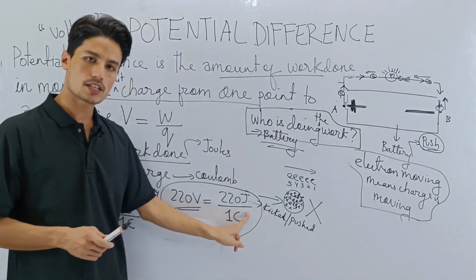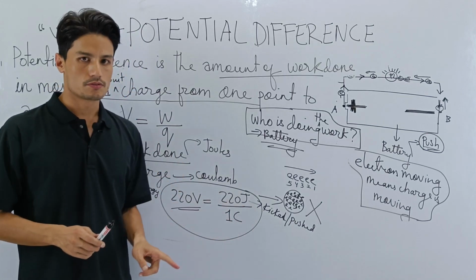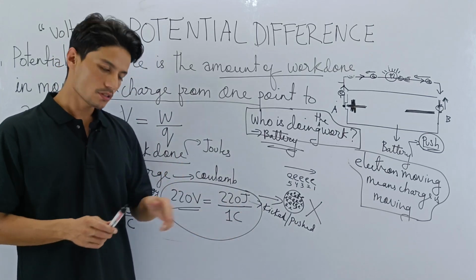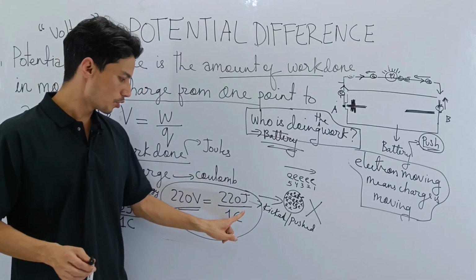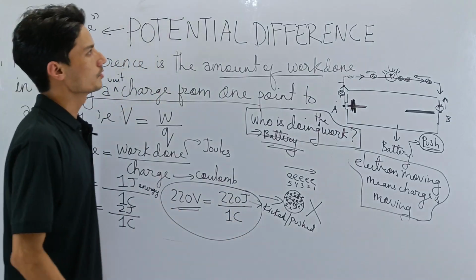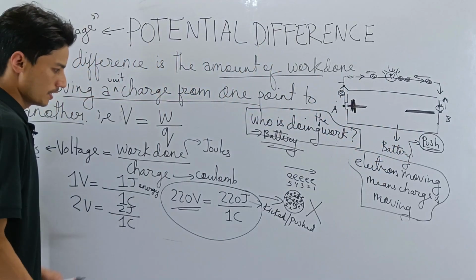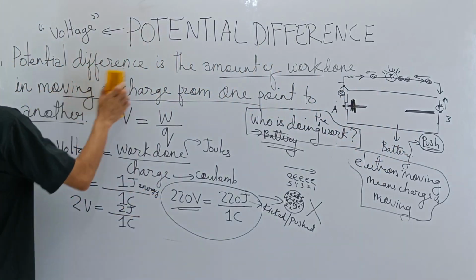But here, in 1 second, an uncountable number of charges will pass through. Just an assumption. So here more current, more charge. Understood? So this is how it is. All right, I hope you all understood. You have to remember this one.